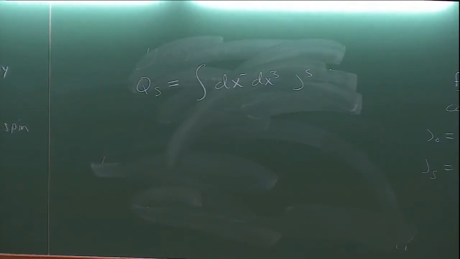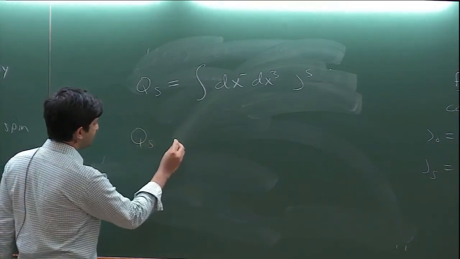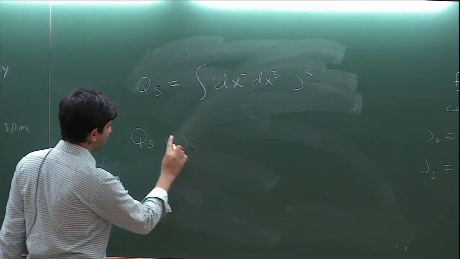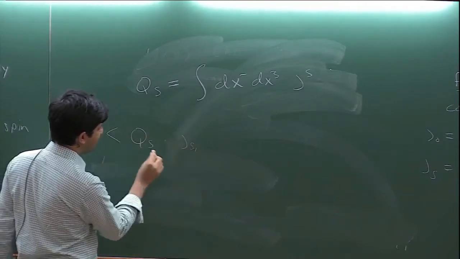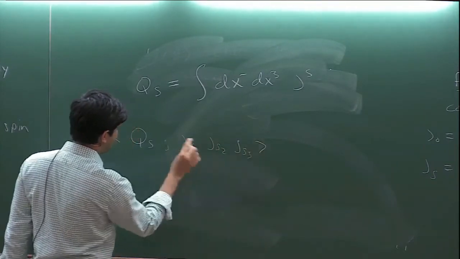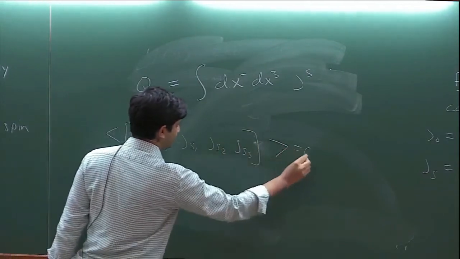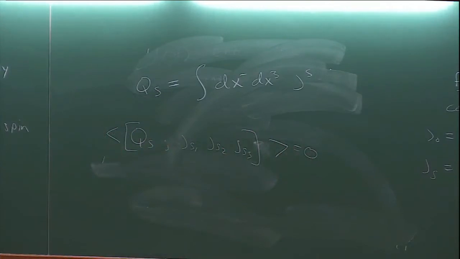So I have a set of charges, and these charges act on currents and operators. So 3-point functions are conserved with respect to these charges in free theory. Okay, so this is essentially what we mean by higher spin symmetry.